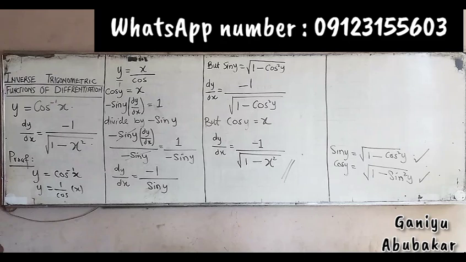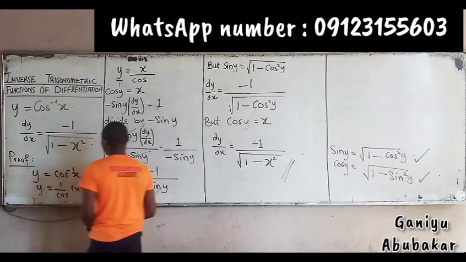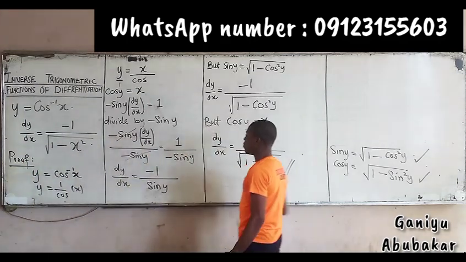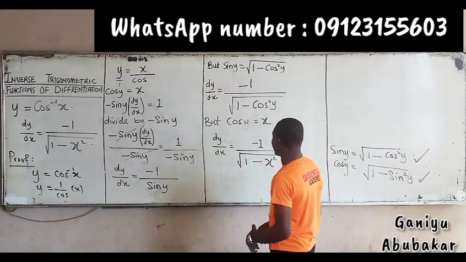I have that y is equal to cos inverse of x, cos inverse of x differentiated with respect to x is minus 1 all over root 1 minus x squared. This is the proof.